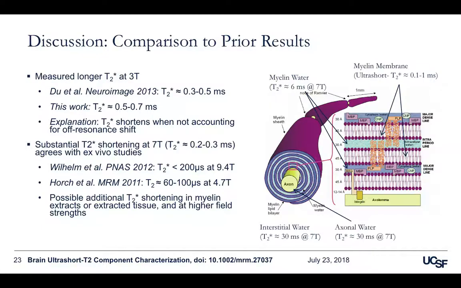So that's our best explanation as to why we may be measuring slightly longer T2 stars. And the fact that T2 star shortened at higher field agrees with the ex vivo studies, which were performed at higher field. And there's also additional possible T2 star shortening because you're using extracts that went through the fixing or extraction process, which could have a shorter T2 star as well.